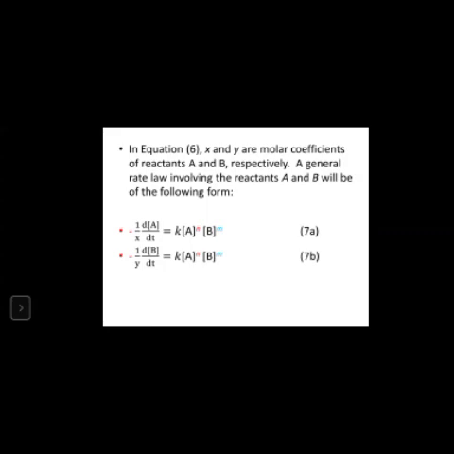And that will be equal to K into A raised to power N. That N is what we call the exponent, or the power of A. Then is the product of that, B raised to power M. That M is the order, is the power, is the exponent of B. So that N and M, they are powers with respect to each of the reactants, A and B.